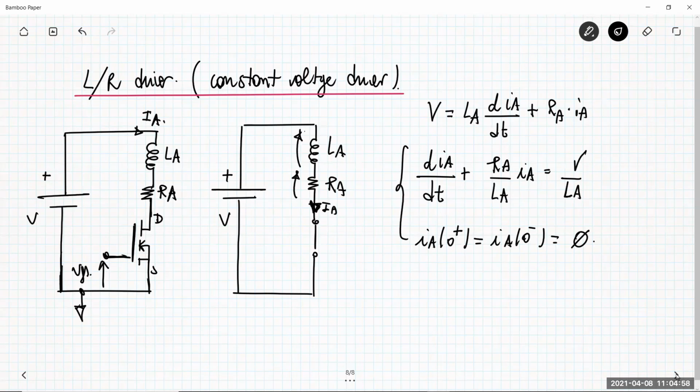So you can solve this equation, which is a first order linear differential equation, in a very simple way. When you have a circuit with just one time constant, it's simple to see that you can find the solution by applying this simplified expression.